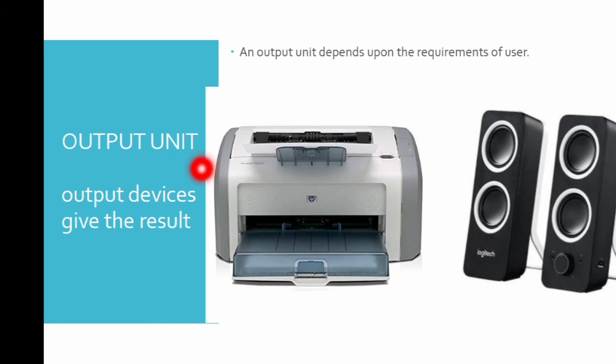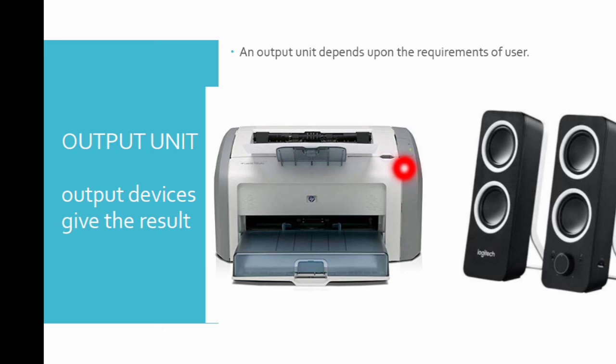Output unit comprises output devices, and output devices give the result. For example, printer or speaker. An output unit depends upon the requirements of the user. Suppose if you want speakers, then you may plug them in, or you may use headphones, or if you don't want to listen to music, then you will not keep the speaker. So it depends on the requirements of the user. Same is with a printer.